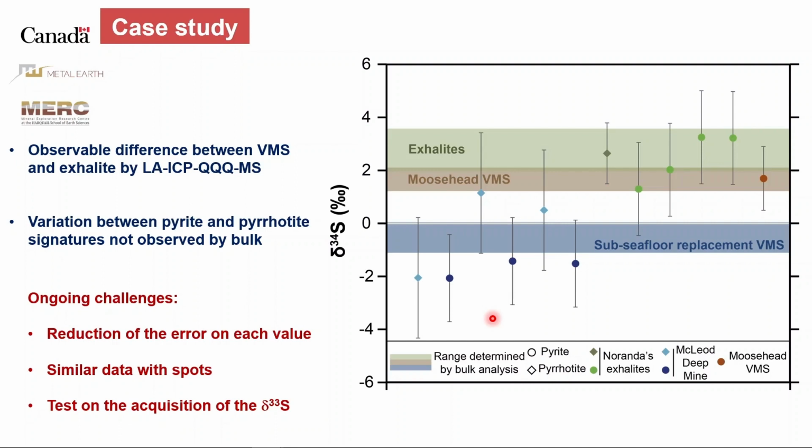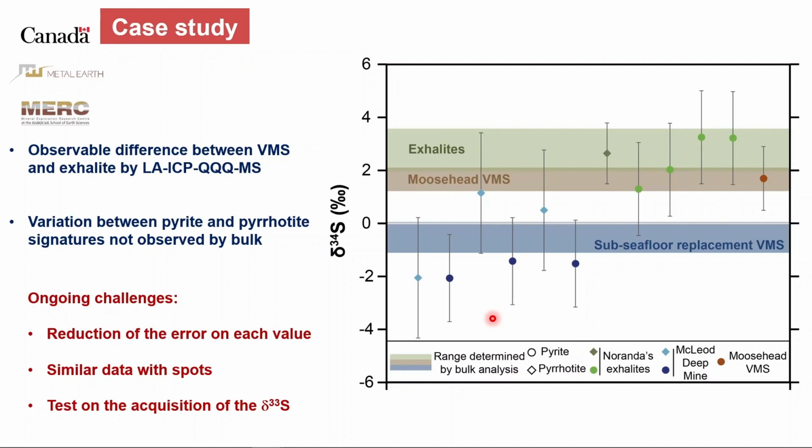Definitely it will be something we will try to do, but so far we prefer to work with matrix match. We have matrix-matched reference materials for pyrite, pyrrhotite, one for chalcopyrite, and we'll probably get one for arsenopyrite also. We'll see if we can use just one standard for everything.